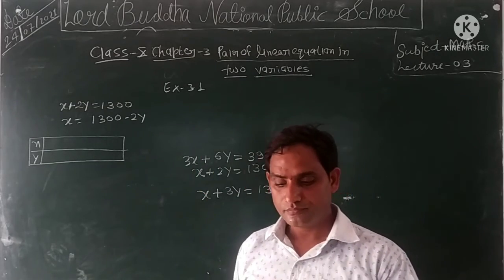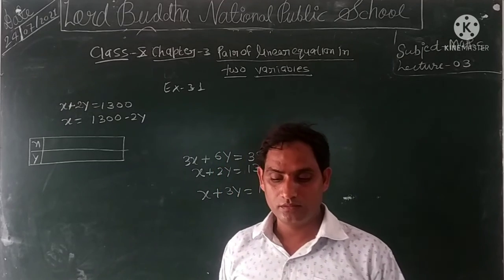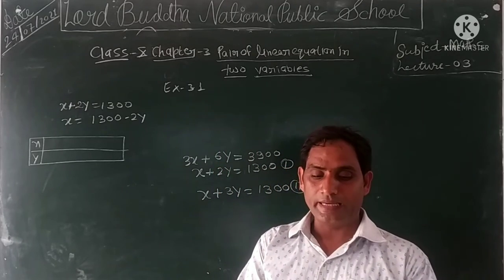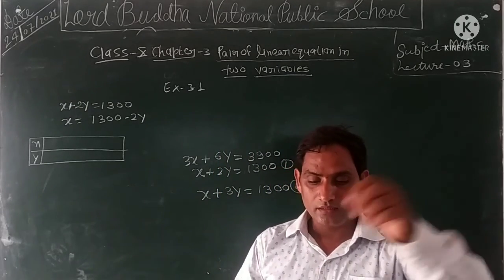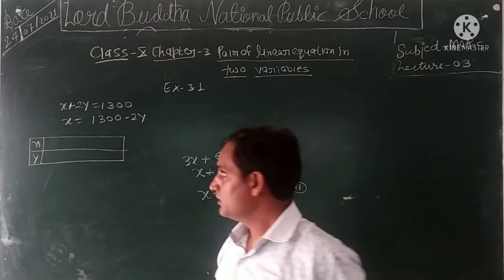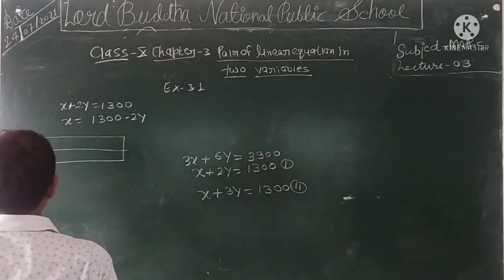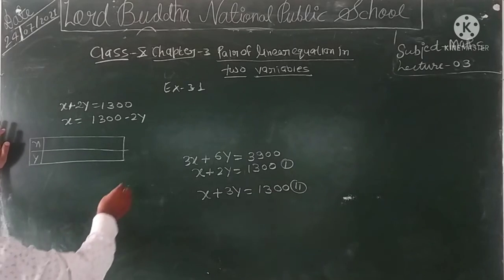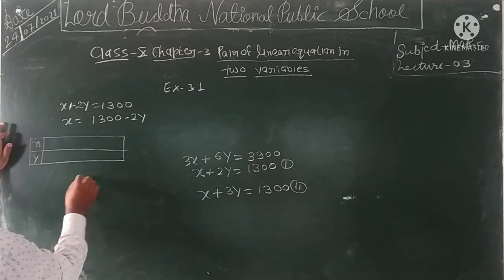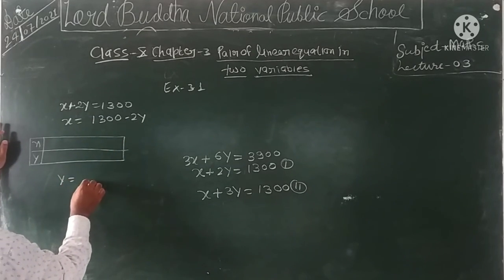Now we take the values. First of all, we take y equal to 400.